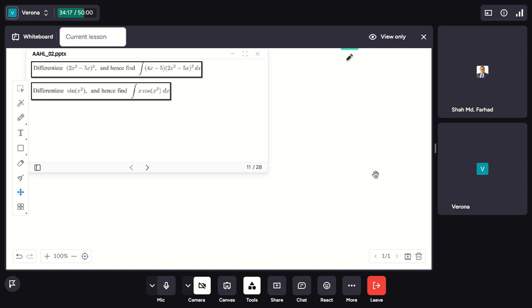What is the result of the derivative of this one? Yeah, chain rule, right?